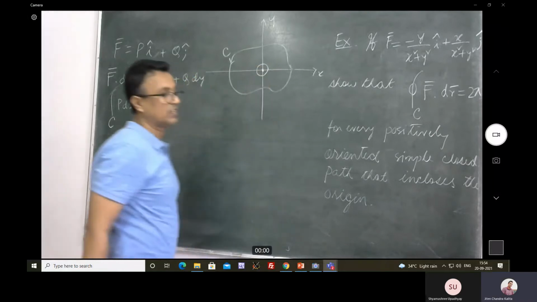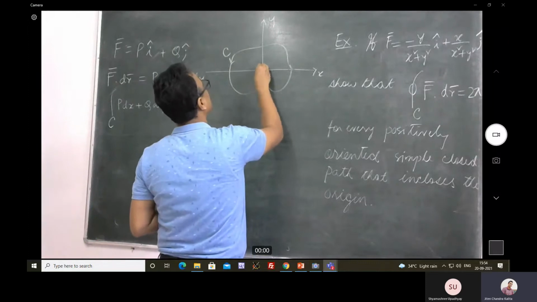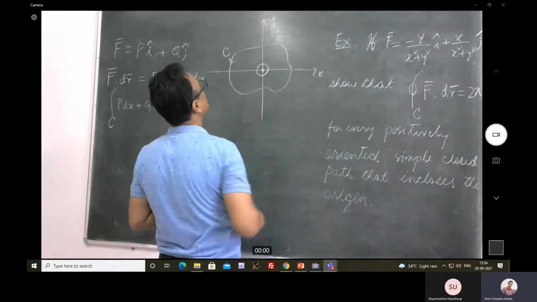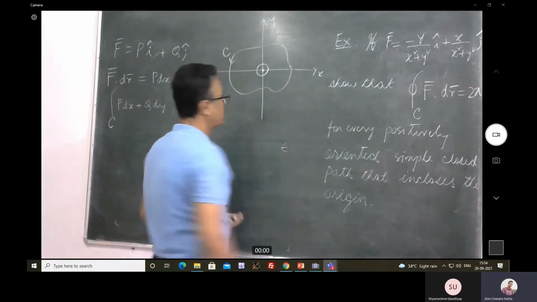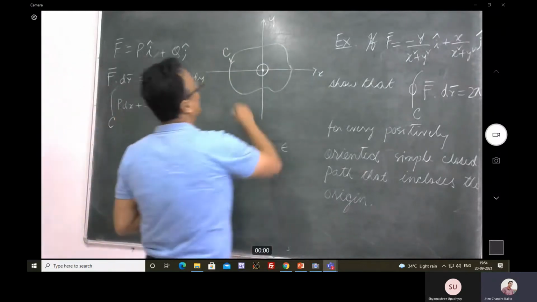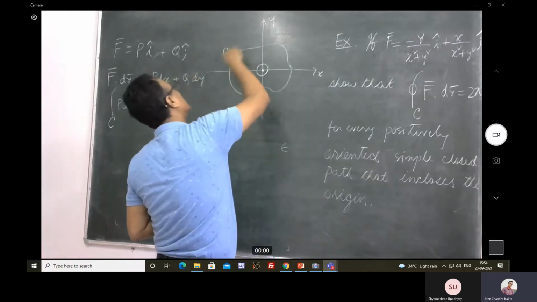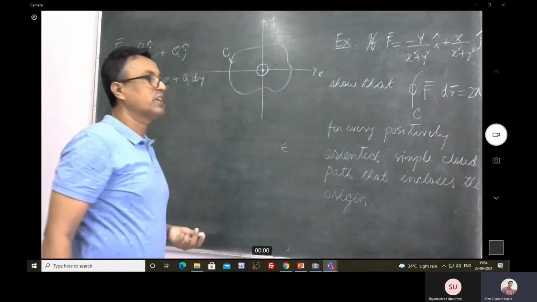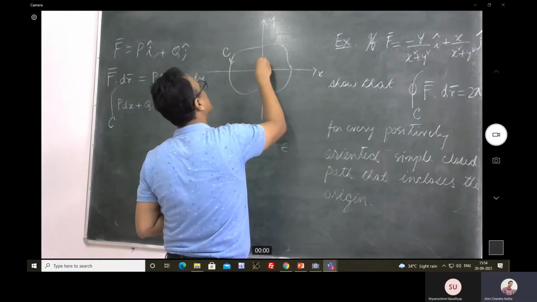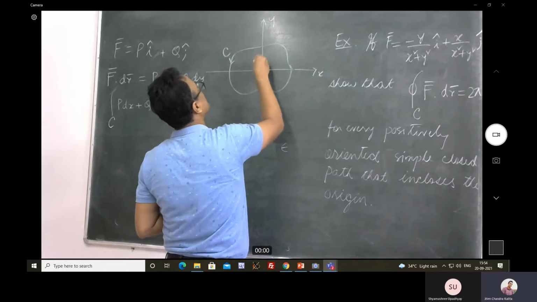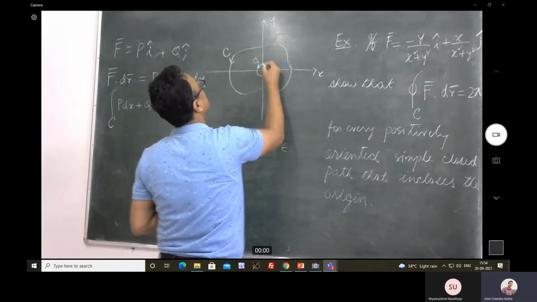And remember, this small circle, I'm going to keep it so small, say of radius epsilon, so that this circle is enclosed by the original curve C. Let me call this circle, again with anti-clockwise orientation, C1, and it is of radius epsilon.